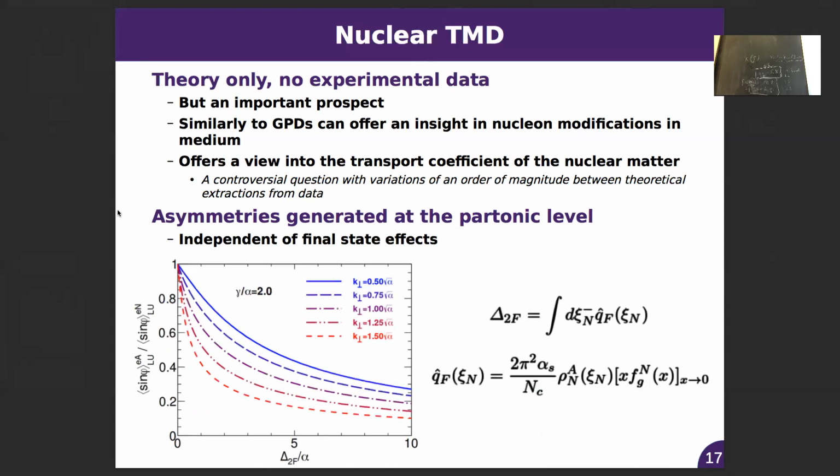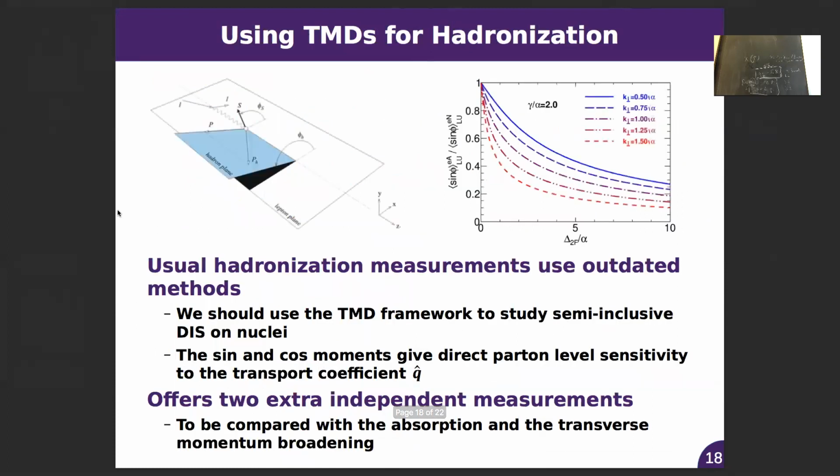They look at asymmetries in semi-inclusive in this case, but it's very similar to what we've seen, and they see that when you have a transport coefficient, it actually quenches the size of the asymmetry. And so you can actually get an independent measurement of the transport coefficient, which, as Ivan mentioned, is actually linked to saturation.